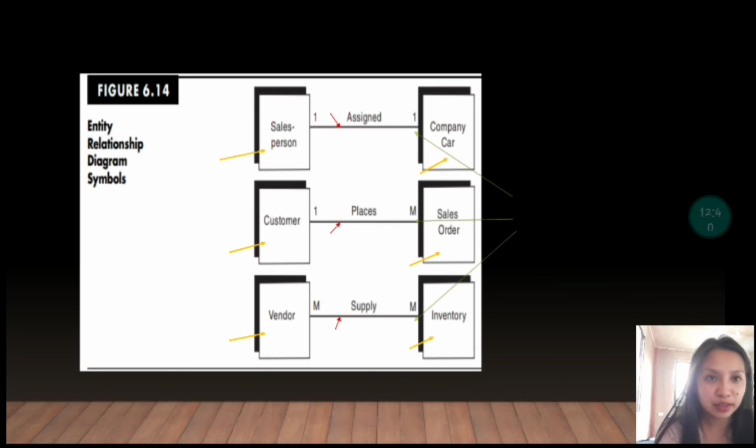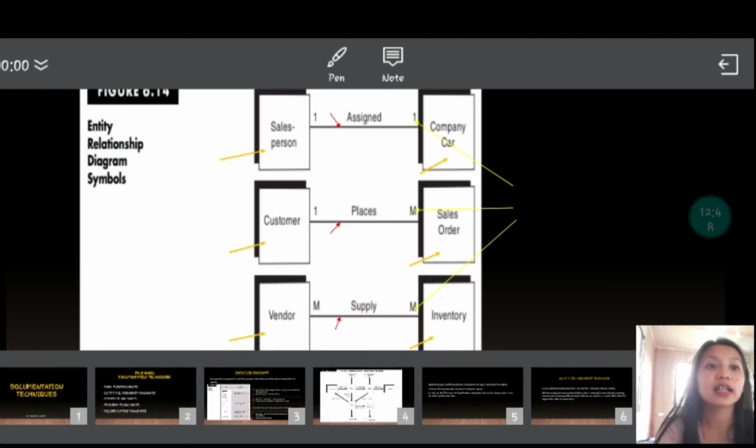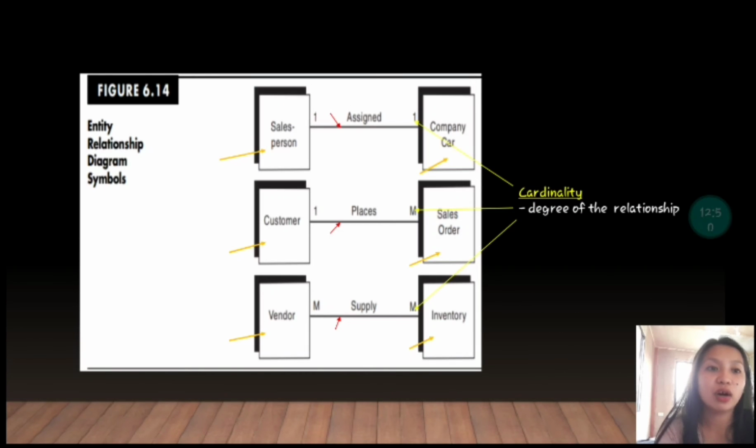The last symbol would be the numerical mapping between the entity instances. This is called the cardinality, or the degree of relationship. So, as you can see, there are numerical mappings: 1:1, 1:many, and many to many. So, the explanation: one salesperson is assigned one company car.